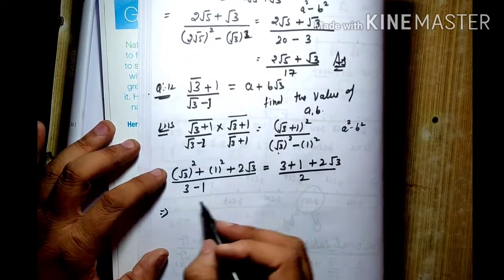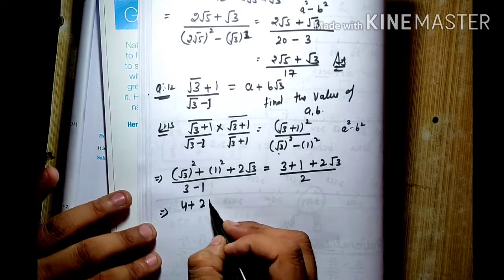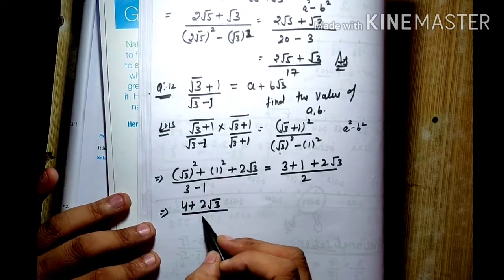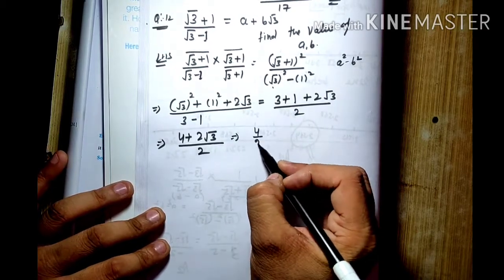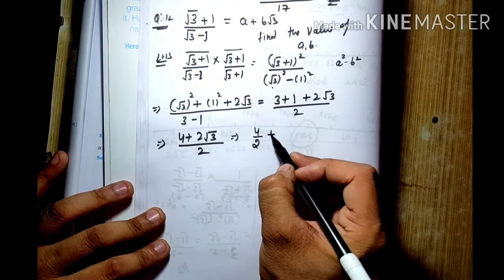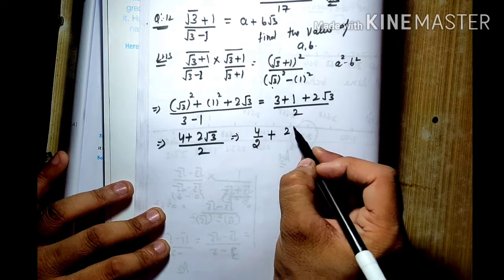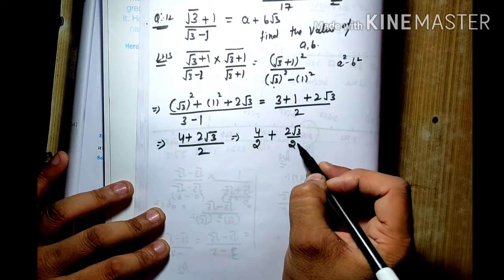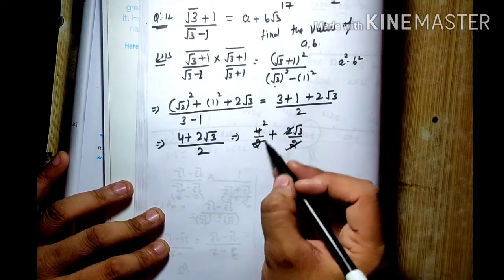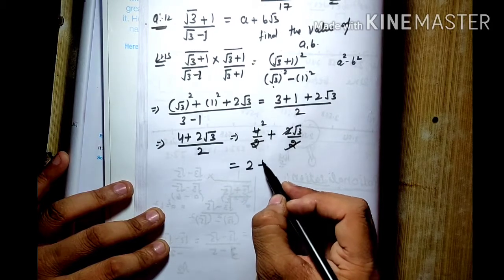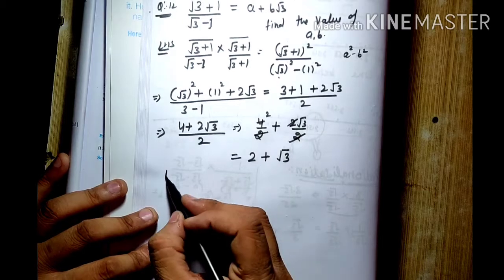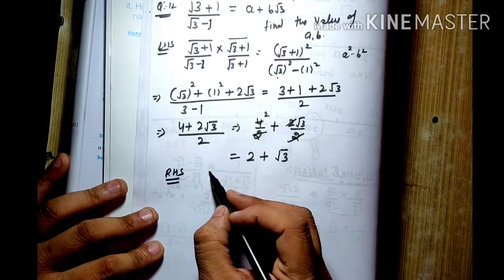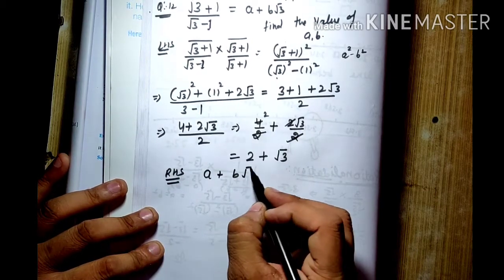Now 3 plus 1 is 4, 4 plus 2 root 3 upon 2. Now separate divide 4 by 2 plus 2 root 3 by 2. 2 to cancel, 2 to the 4. The reduced form will be 2 plus root 3, and my RHS is a plus b root 3.